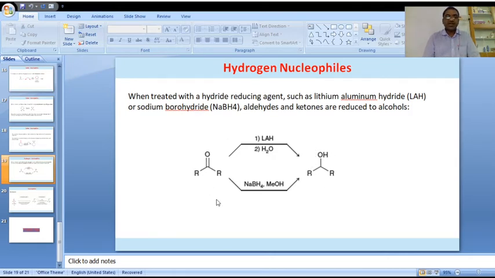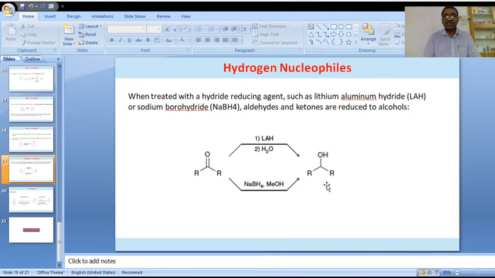With the other hydrogen nucleophile, we use sodium borohydride in presence of methanol. In presence of this particular hydride reducing agent, the reaction proceeds in the same manner to form alcohols.